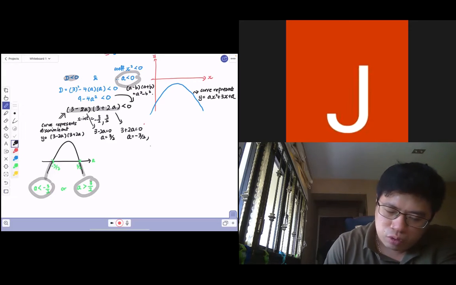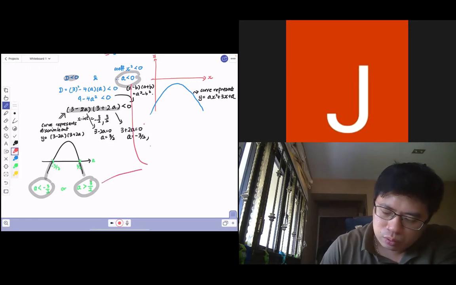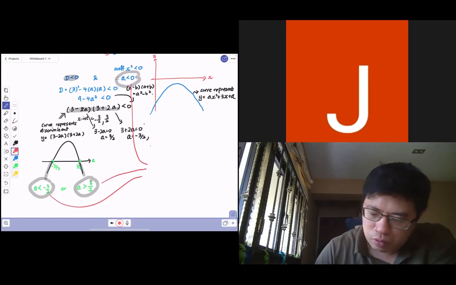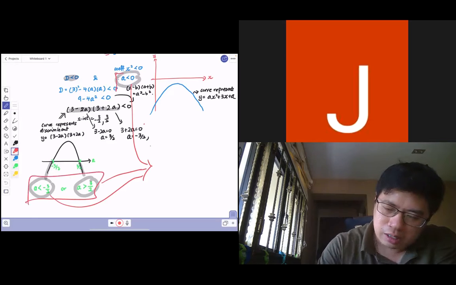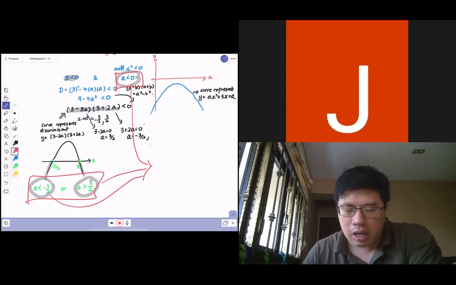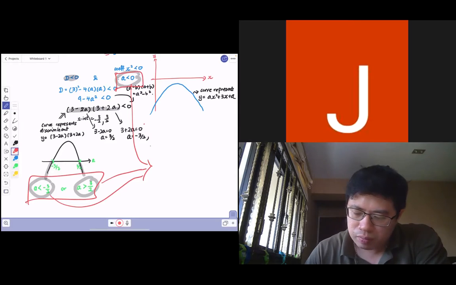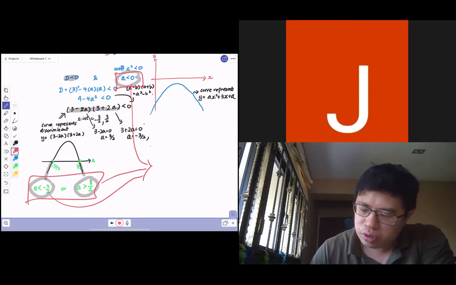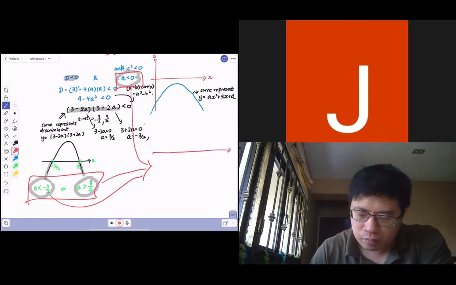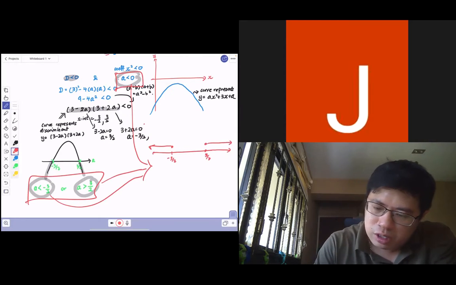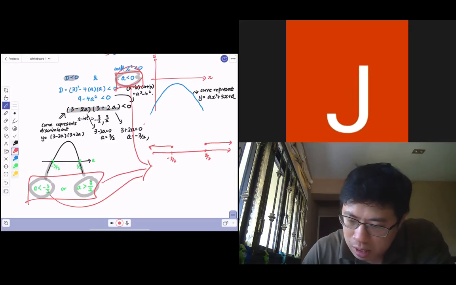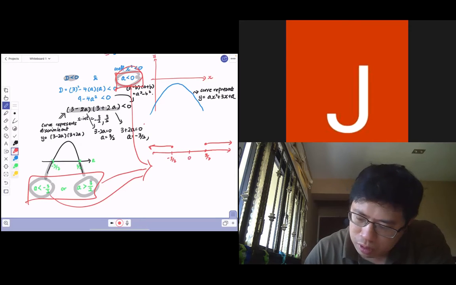So if you combine all these three conditions, if you want both to happen, basically you want a to be less than 0. Let me just draw the number line. First of all, negative 3/2, I want this. I also want a to be more than 3/2. This portion here, a must be less than 0, so 0 is somewhere in between.